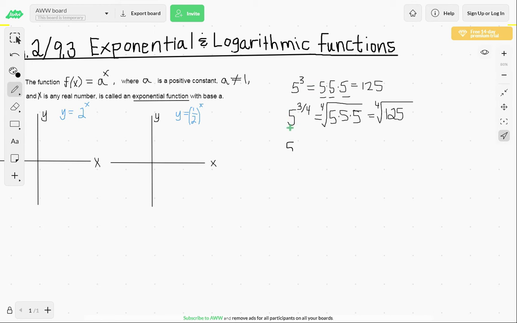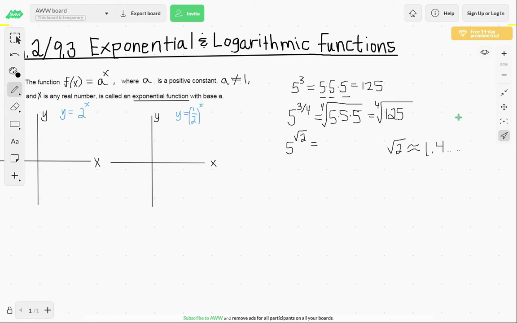So when we had an integer or a rational number, it was fairly straightforward, but let's suppose we've got something more general, an irrational number. It turns out this still has a meaning, but its meaning is basically an approximation. We know that the square root of 2 is approximately 1.4 something.